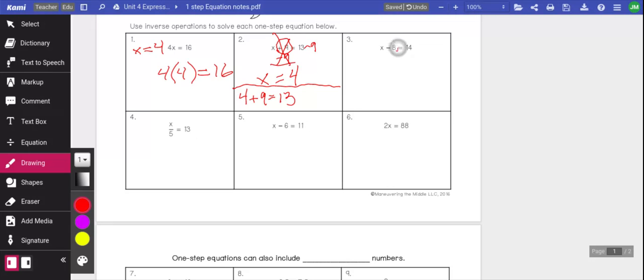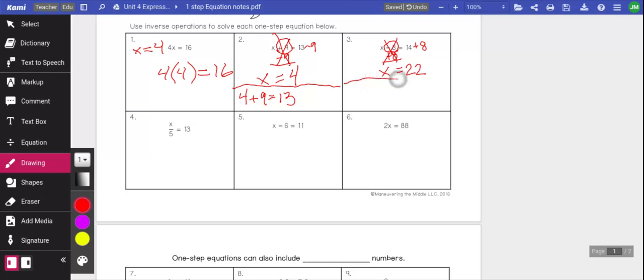Again, we have a negative 8, or a subtracting. Therefore, I'm going to do the inverse and make it a positive. That cancels that out, and this side is just left with an x. On the other side, 14 plus 8. If you grabbed your calculator to confirm you don't make silly mistakes, you would end up with 22.